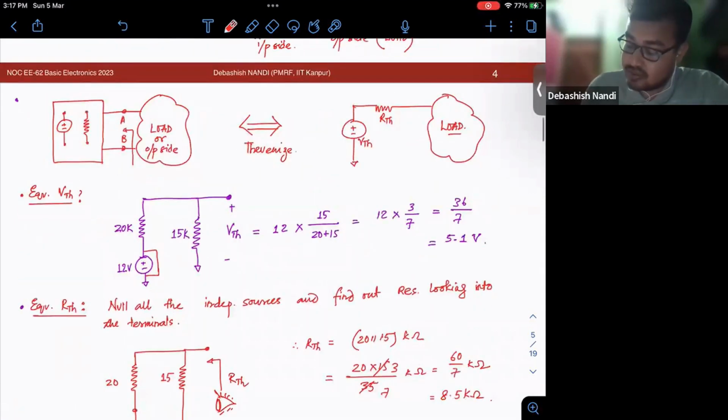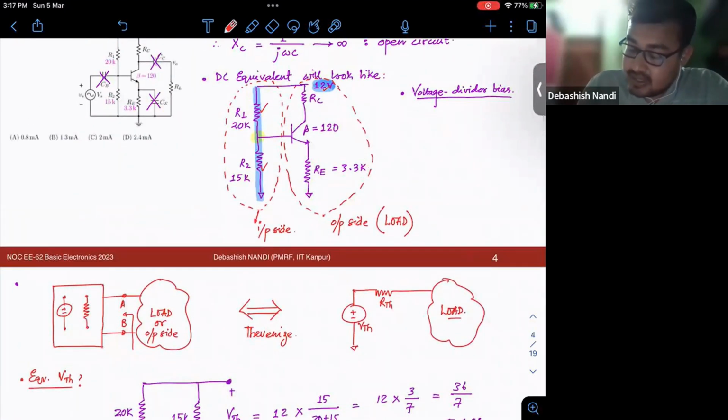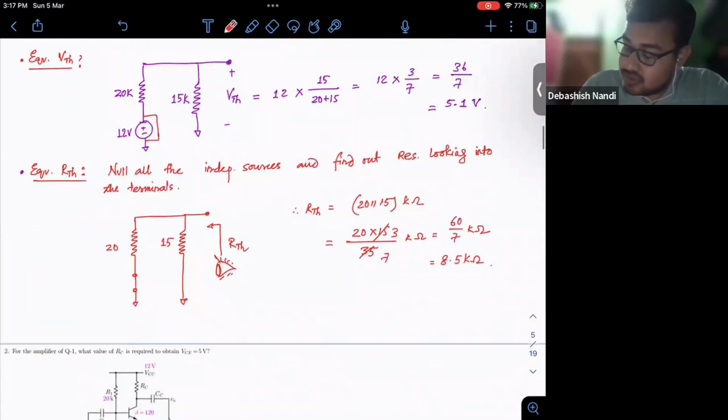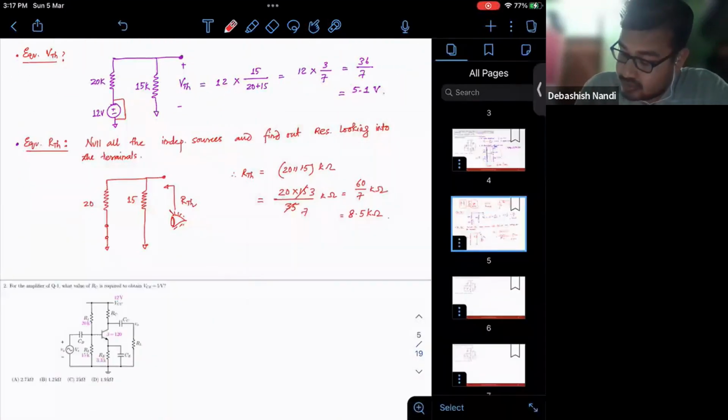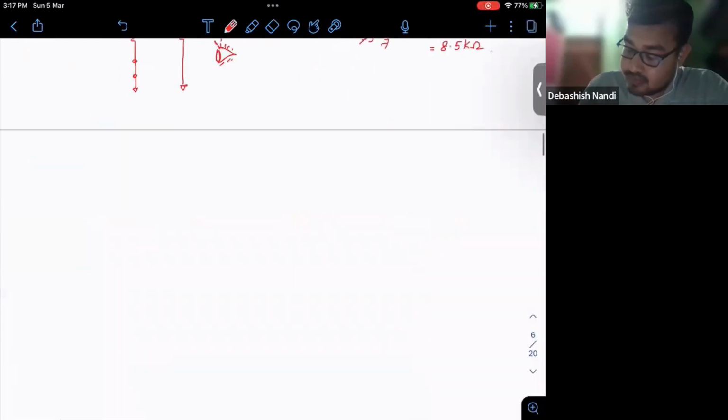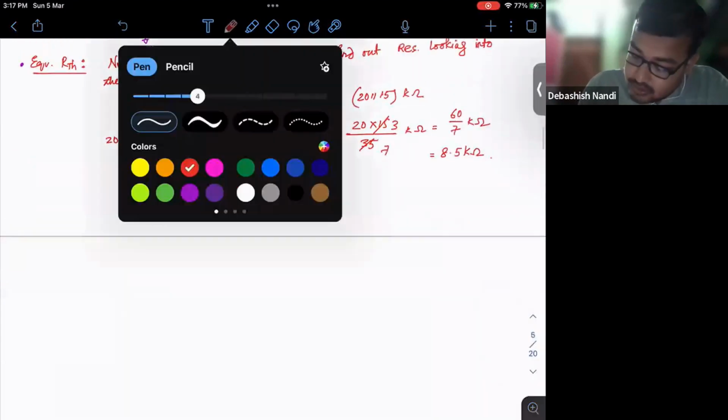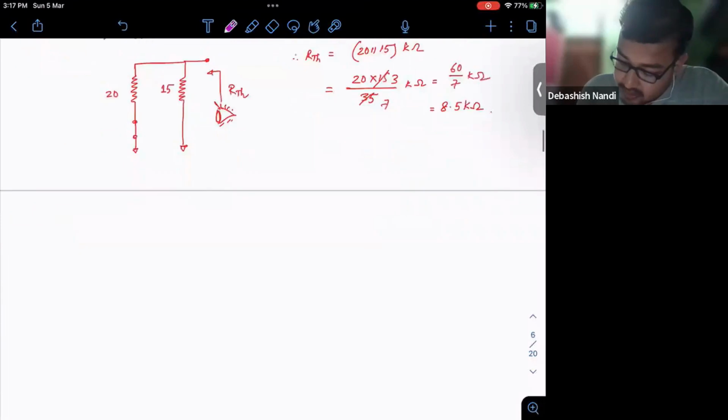Okay, so you can simplify this diagram as follows. So your circuit will look like this now.